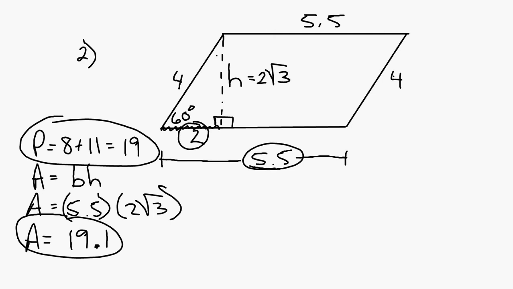Number 3. Okay, perimeter. If the left side's 7, the right side's 7.